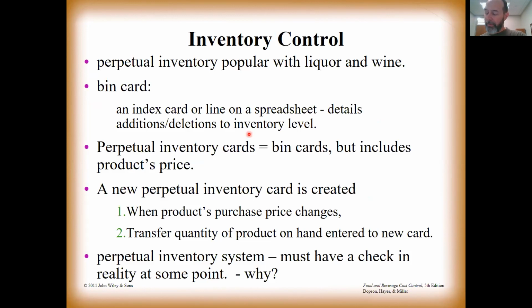But this is different from a perpetual inventory card because bin cards do not have the item's price. And this is a simple way to do this. If you don't have a lot of resources, you just have some 3x5 cards, you have something you want to track on a regular basis, you can do this and have everybody update as there's changes to the inventory of the items.